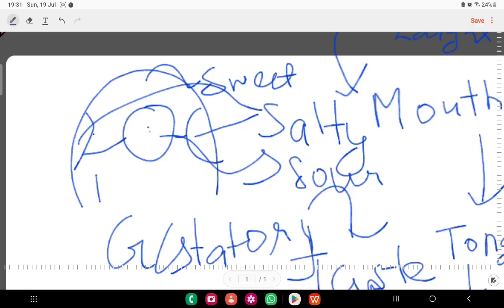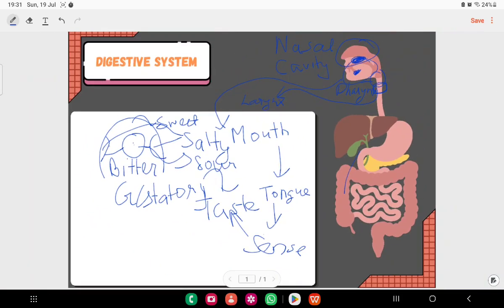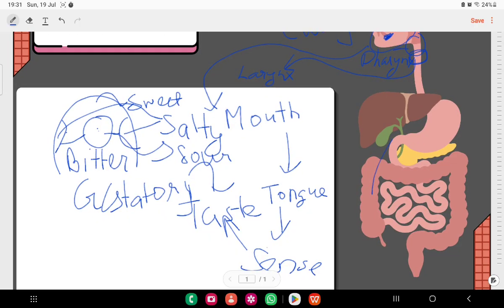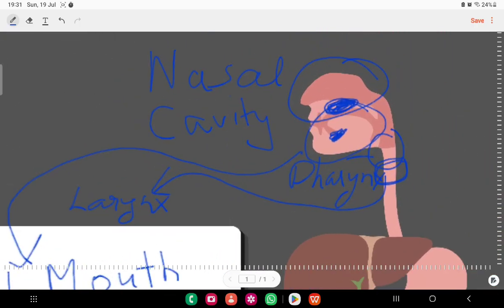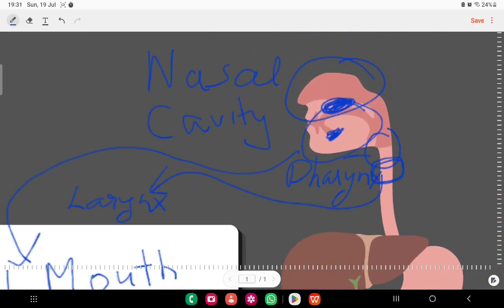And this part right here is for bitter. I think this part is also for tasting chilies. So we have finished the tongue, and its function is not only to mix the saliva with the juices, but it also extends till the epiglottis.